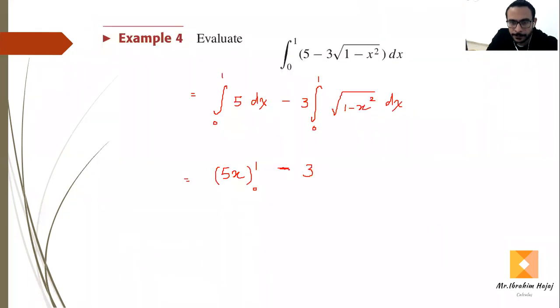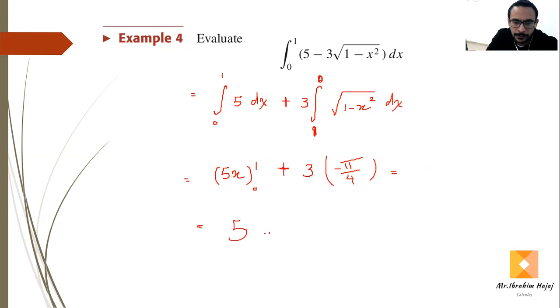So it should be negative pi over 4 from the original answer. You could also write it as 1 to 0 and make it positive. And here your area will be negative pi over 4. Then it's 5 here.